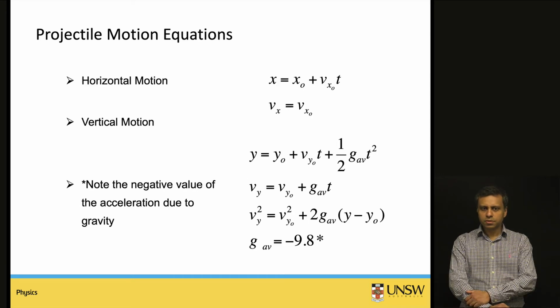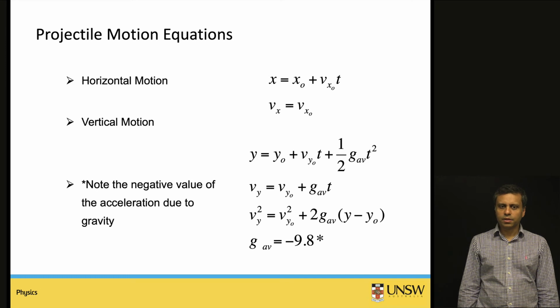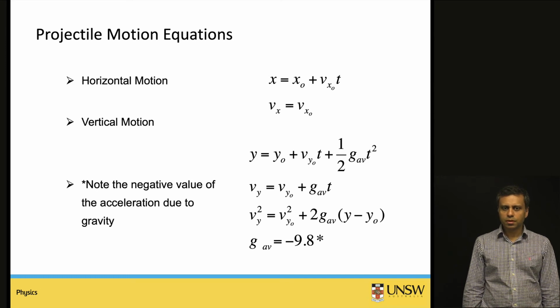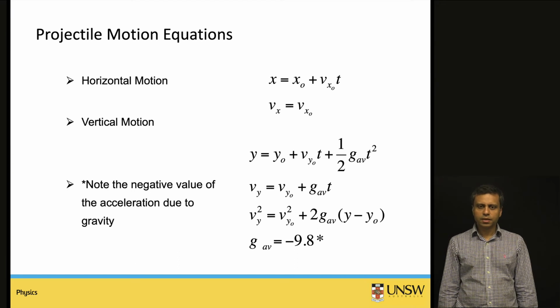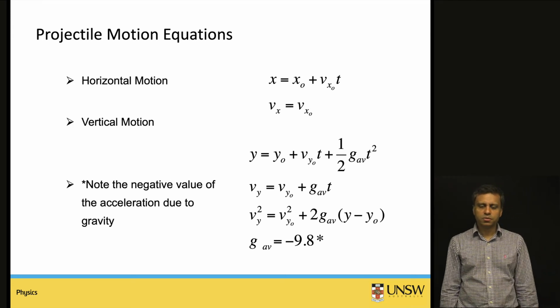Then we look at the two dimensions separately. This slide shows you the equations for the two directions of motion, horizontal motion and vertical motion. Both directions obey the equations of motion we derived for constant acceleration. But in the horizontal case, you have to set a to be 0, because we assume there is no acceleration in the horizontal direction.